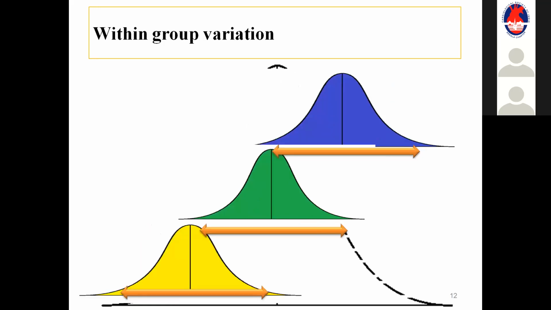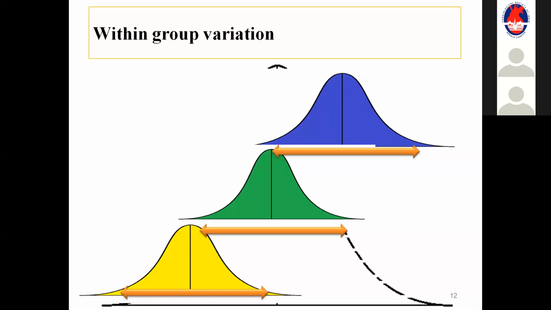So what happens if within group variation is very high? This is the point where we say that the sample size is an important factor. We all know that when we increase the sample size, it helps to reduce the variation in the sample. If our sample size is very low, or the actual dispersion of that group is very large, you will see overlapping groups.